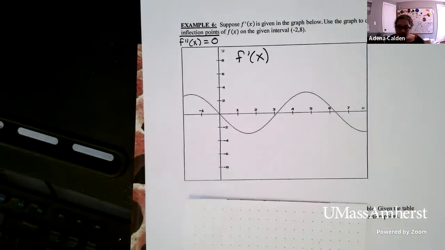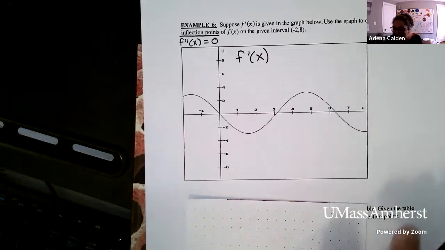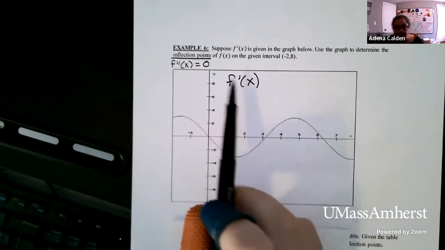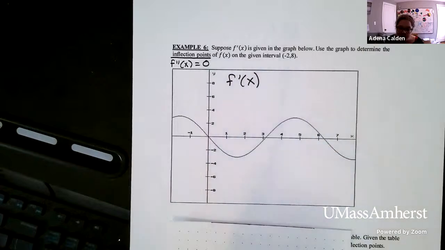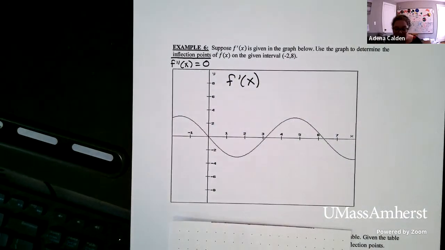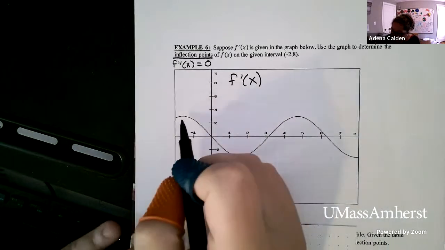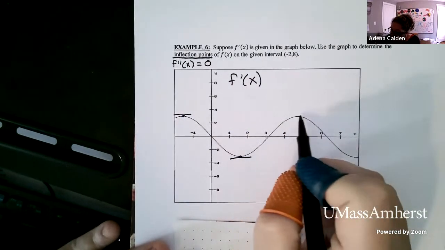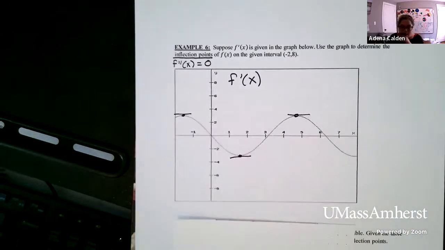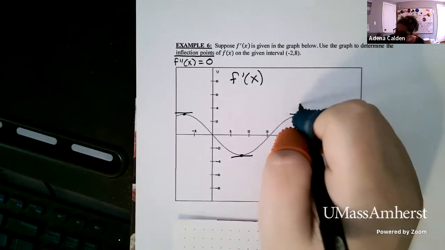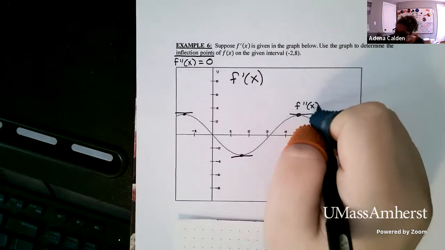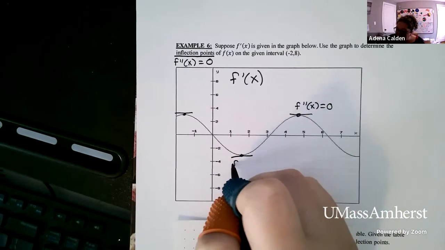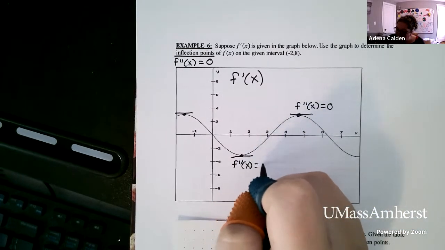We would need to find where the tangent lines have slope 0 on the first derivative graph, because that tells us where the second derivative is 0. Remember that a slope of 0 means horizontal tangent lines. So we are looking for the places where this function has horizontal tangent lines. That's when the second derivative equals 0.